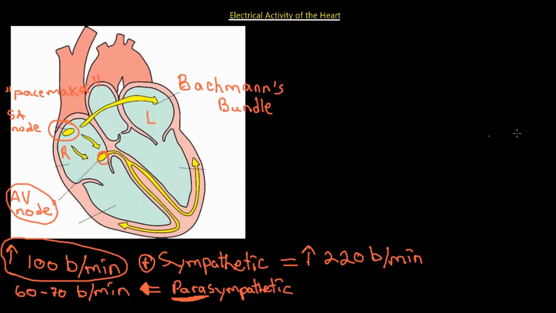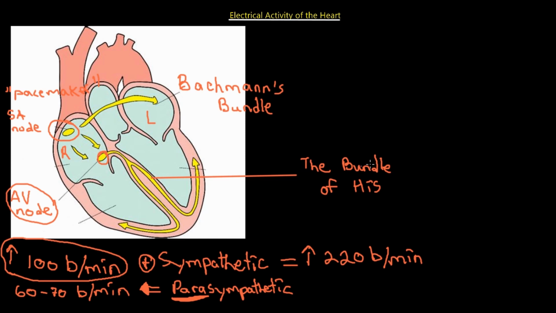Now it's going to travel down further on to another section here. So we're going to label it like that. And this section is called the bundle of His. And bundle of His travels down the septum. So over here, they have already split into the right and the left bundle of His.